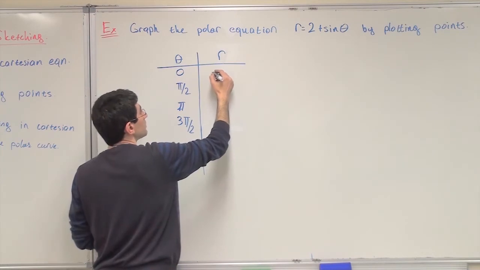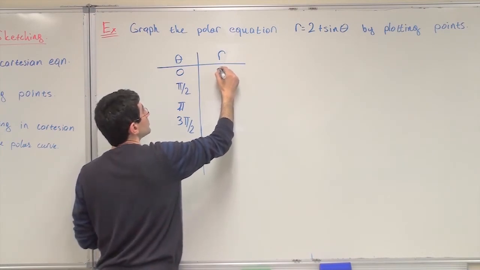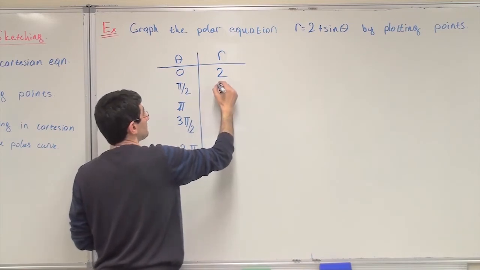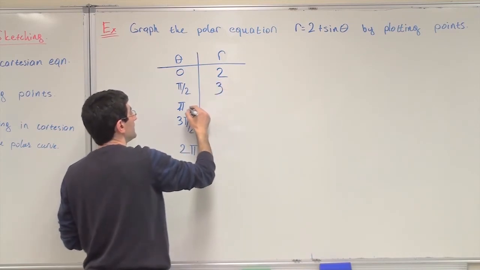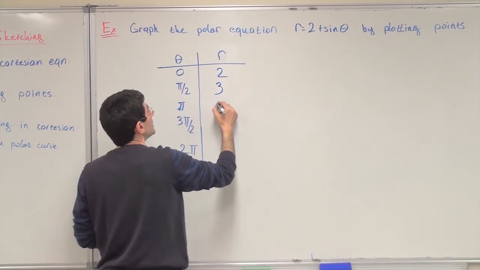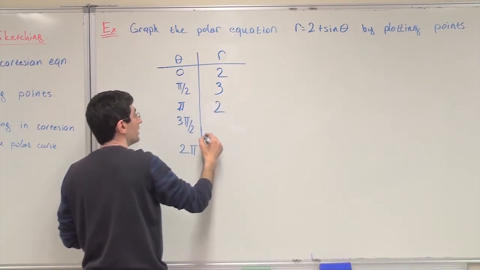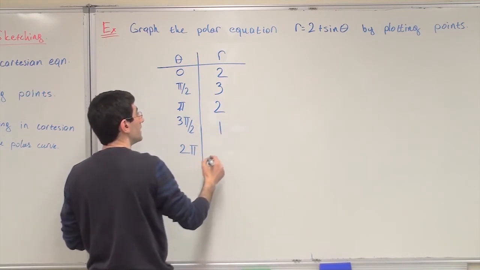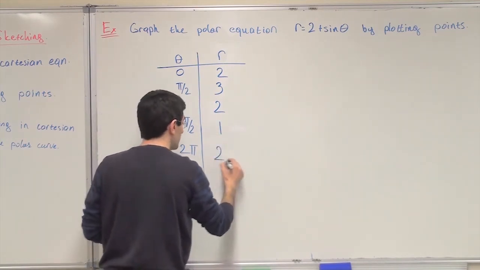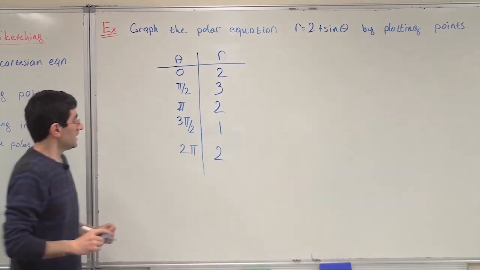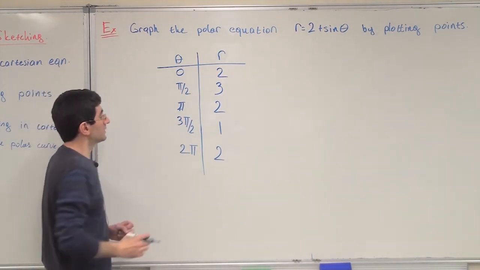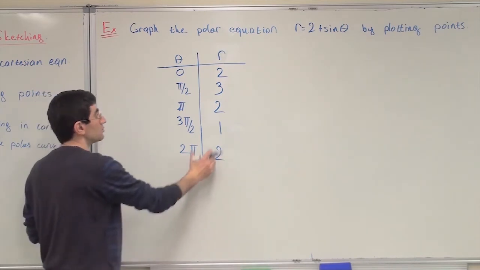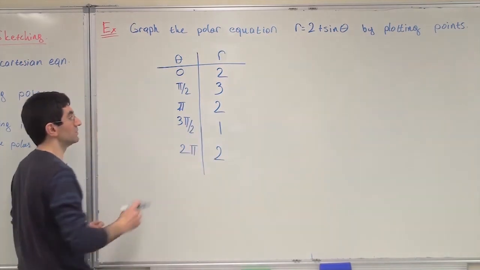So when theta is 0, r is equal to 2. When theta is pi over 2, r is 3. At pi, r is 2 again. At 3 pi over 2, r is 1. And at 2 pi, r is again 2. Now that we have created this table, we can read the points which correspond to those values.